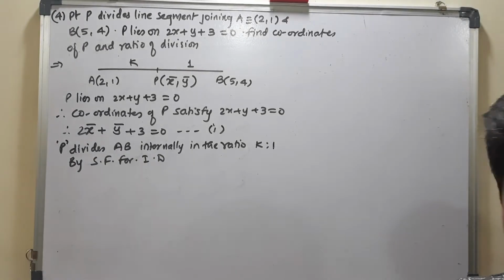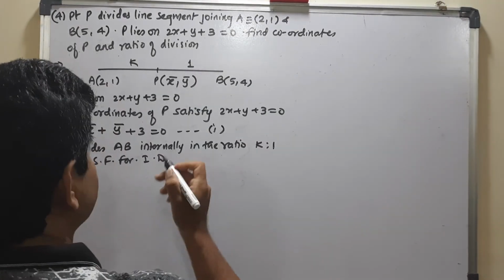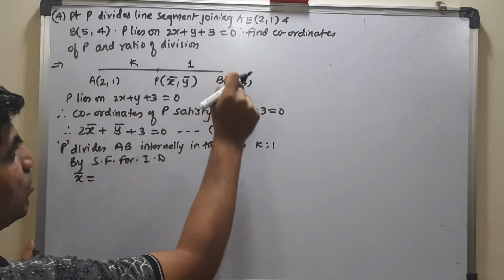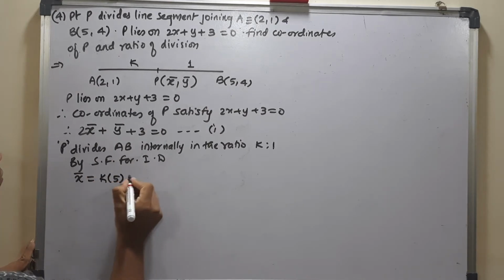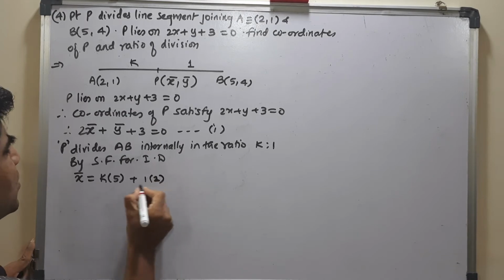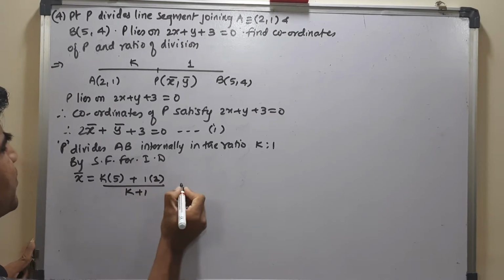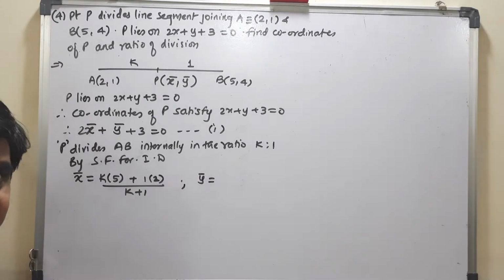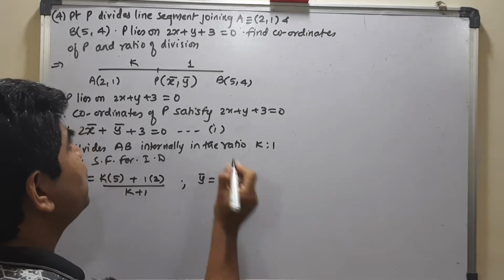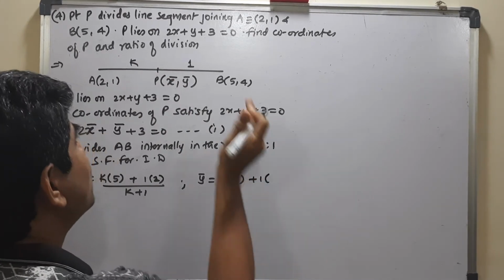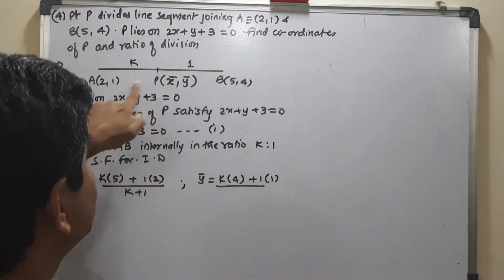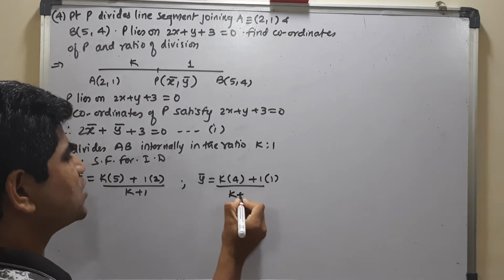Okay, x coordinate of division is k into 5 plus 1 into 2 upon k plus 1. And what is y coordinate of division? Y coordinate of division again k into 4 plus 1 into 1 upon k plus 1.